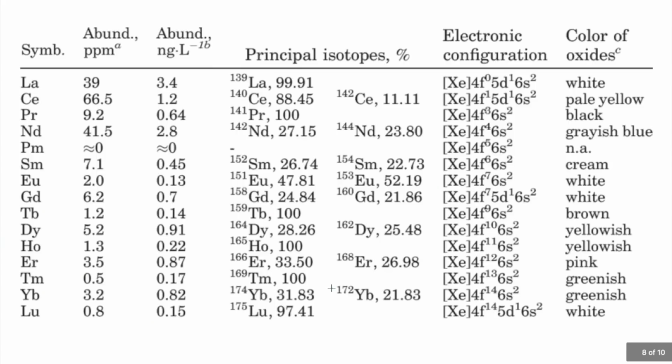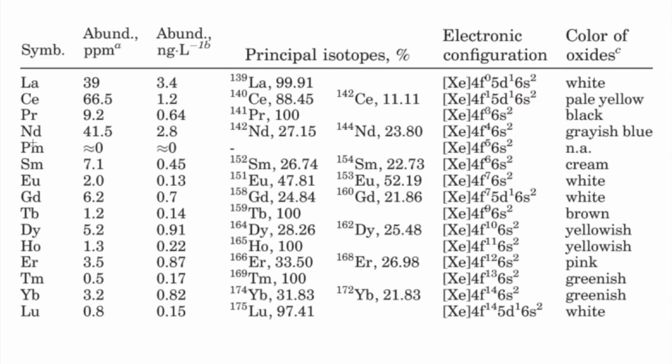The next thing I will give you is certain tables regarding the different lanthanides: their abundance, their isotopes, their electronic configurations, and their color. We have already discussed all of them, but it's all in a single slide, so you can take a screenshot, or if you want you can memorize it.